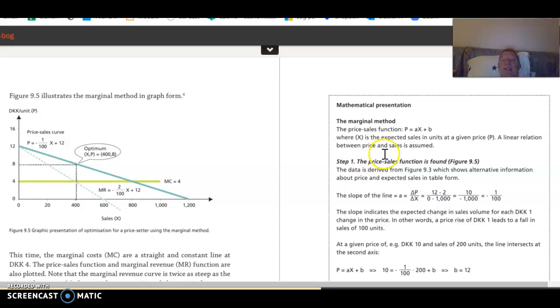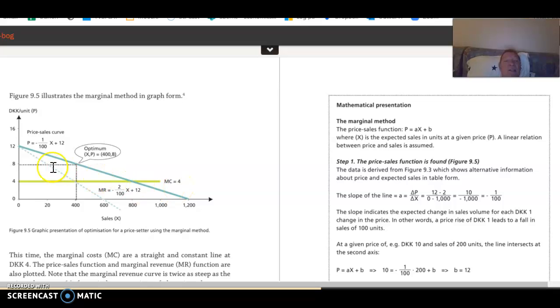And as you can see here, a straight line is like this. Price equals A multiplied by X, that's the volume, plus B. So let's have a look. If you know two different points on this line, you can make the function.